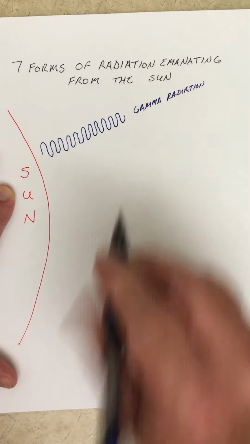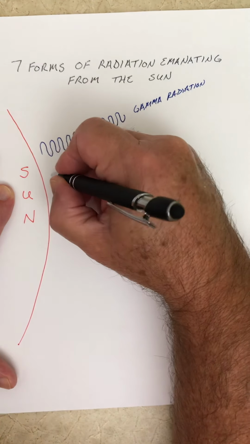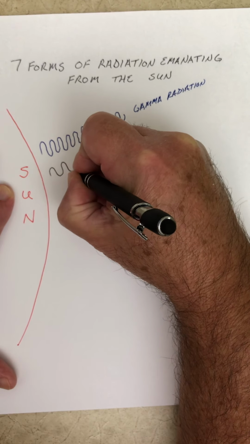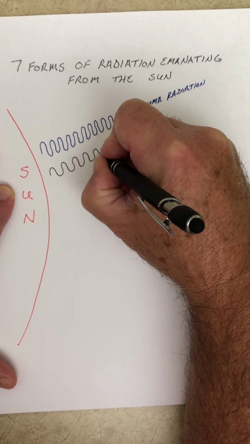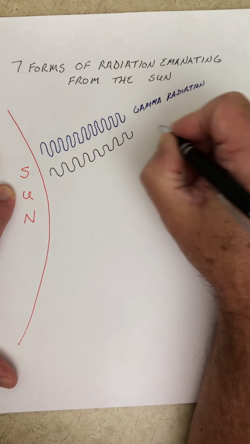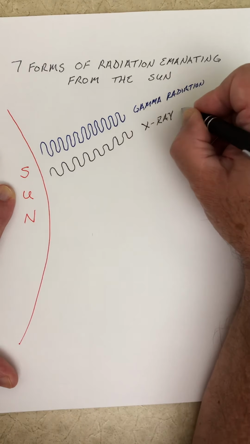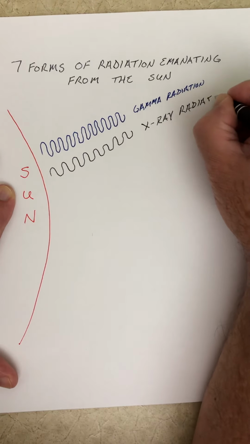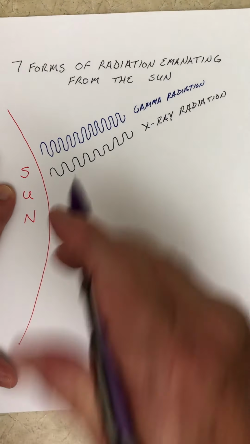Okay, it also emits X-ray radiation. And so X-ray, it's going to have a little bit longer wavelength. So that's what I'm trying to show here. A little bit longer than gamma radiation. And this is X-ray radiation. Okay, next is ultraviolet radiation.